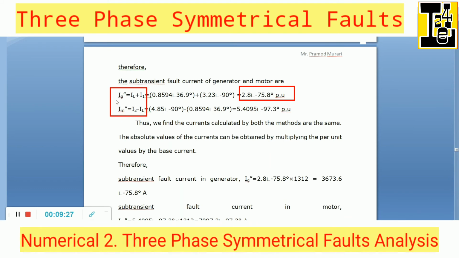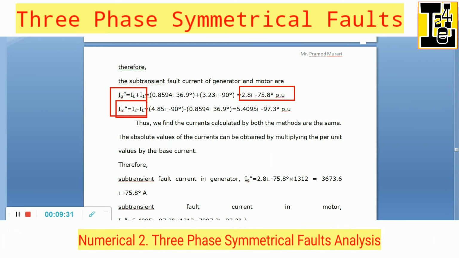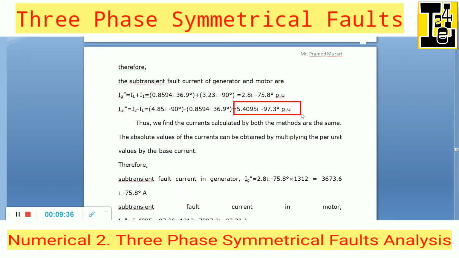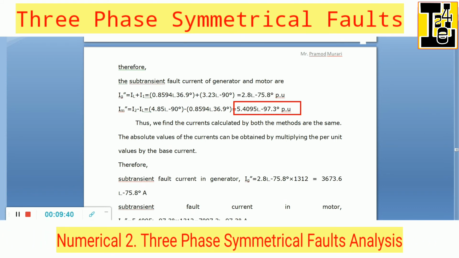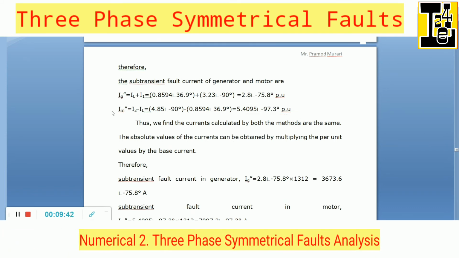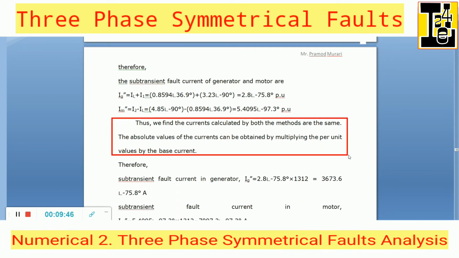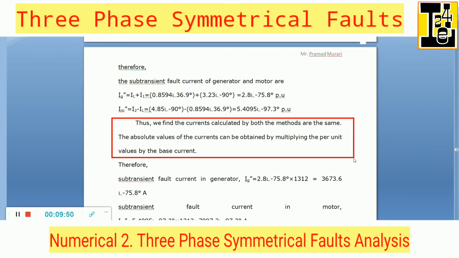Im double dash is equals to I2 minus IL, that is equals to, on solving, 5.4095 at an angle minus 97.3 degree per unit. Thus, we find the currents calculated by both the methods and both the methods have given the same result.